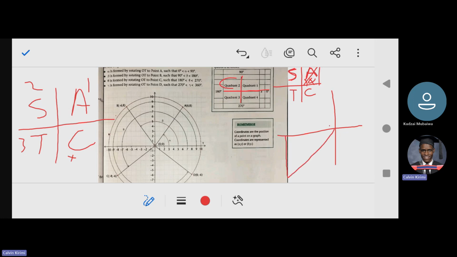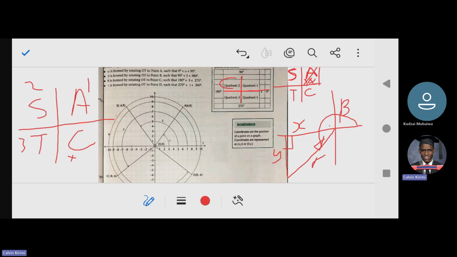If you are to draw a triangle in quadrant 4, it will look like this. Then your beta will be here to there. Then now, can you see the angle is increasing? Yes, sir. But I said you can, and the 90 degrees is there. You can still say this is your x, this is your y, and then this is your r.